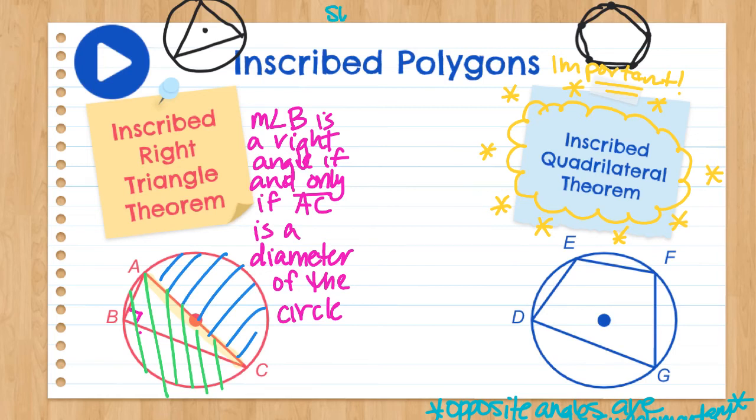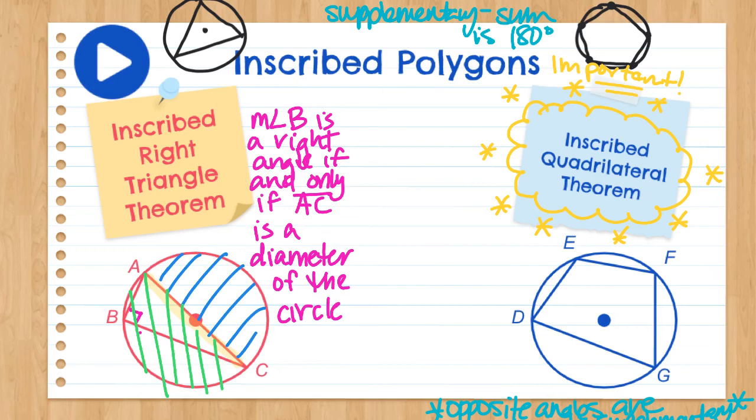So for something to be supplementary, that means their sum is 180 degrees. And opposite angles mean angles that are opposite to each other in the polygon, so across the street from each other, not right next to each other.